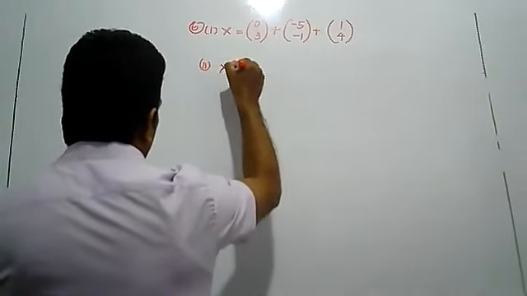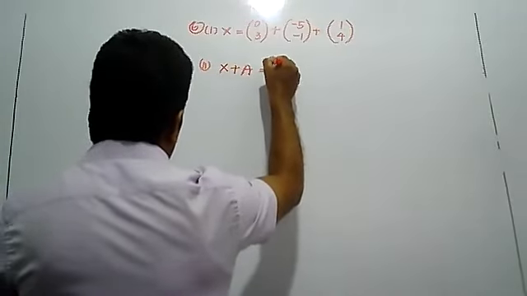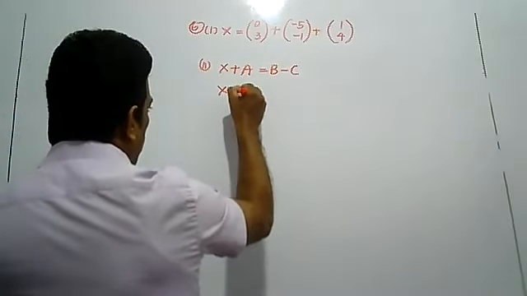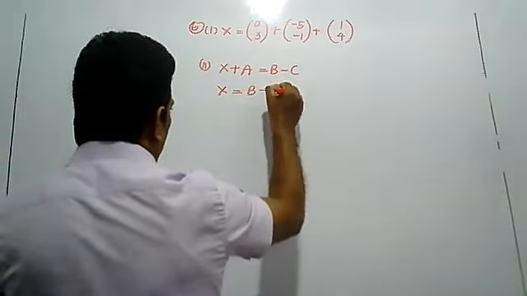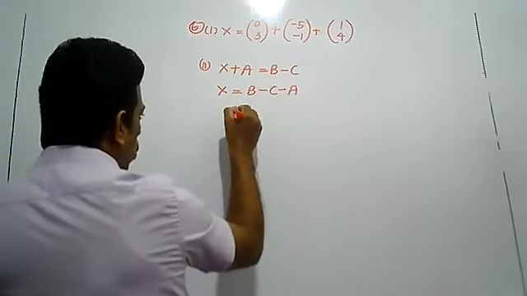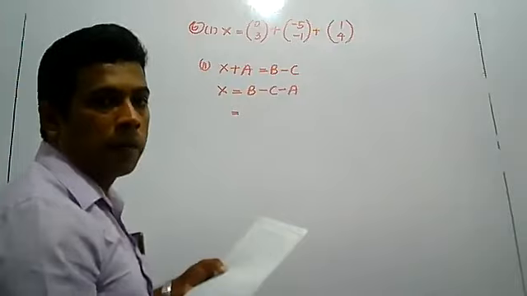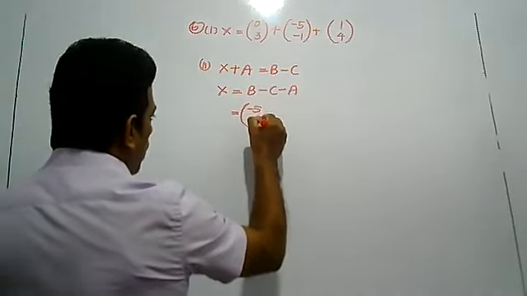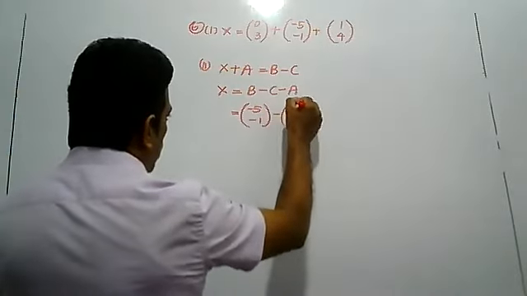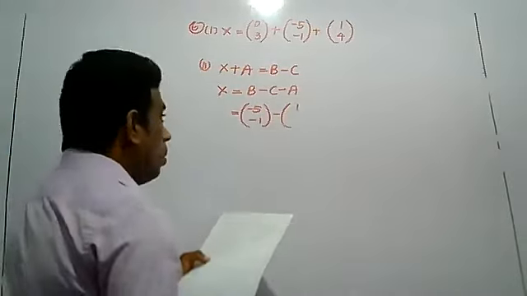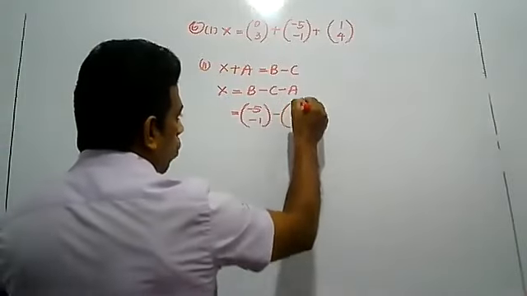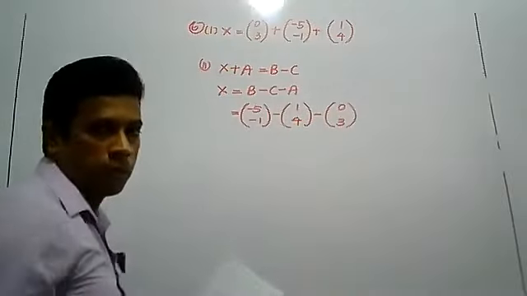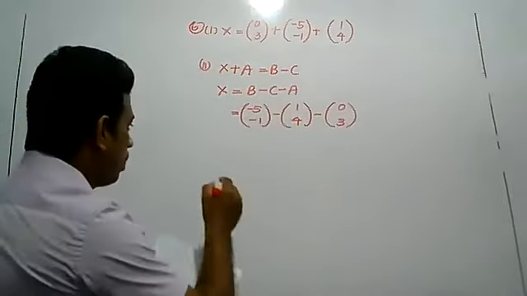X plus A equal B minus C, so X equal B minus C minus A. So matrix B is -5 -1, minus matrix C 1 4, minus matrix A 0 3. Then we have to simplify and find the answer.